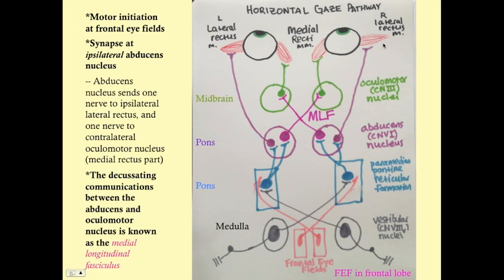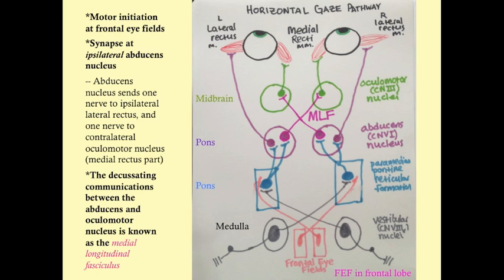And so whenever the abducens nucleus is stimulated, not only does it stimulate the abducens nerve, but it also stimulates this MLF, the medial longitudinal fasciculus. These exist on both sides, obviously, and it stimulates the medial rectus part of the oculomotor nucleus, which allows that medial rectus to contract.